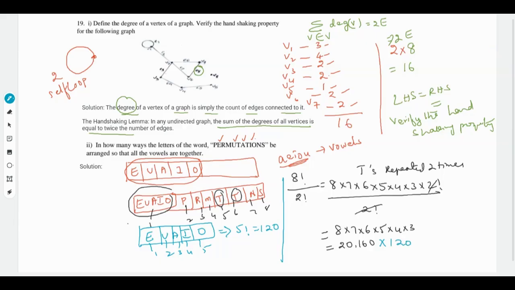When you multiply by 120, we get 2419200 ways. So we can arrange the letters of the word in that many different ways.